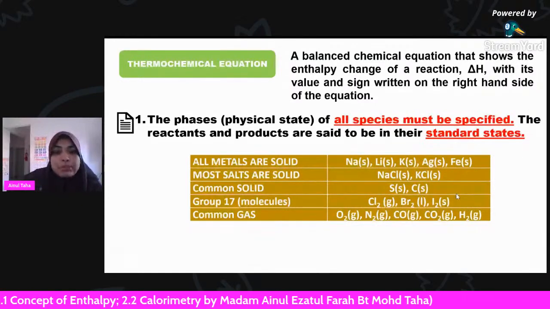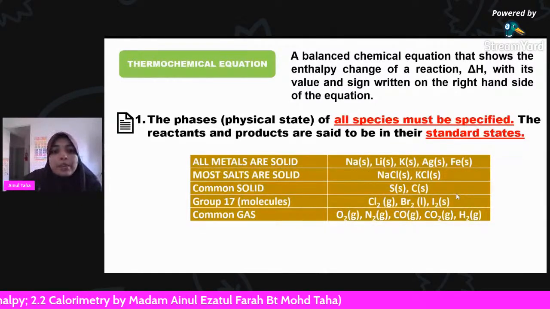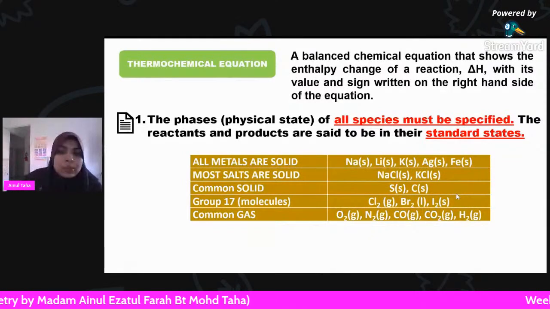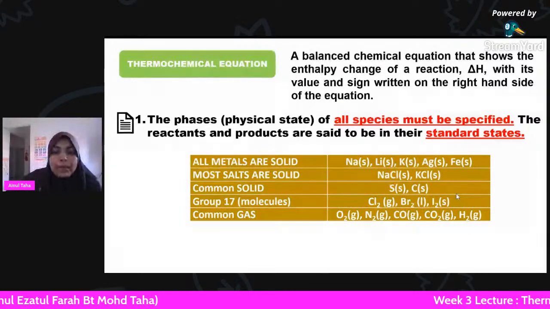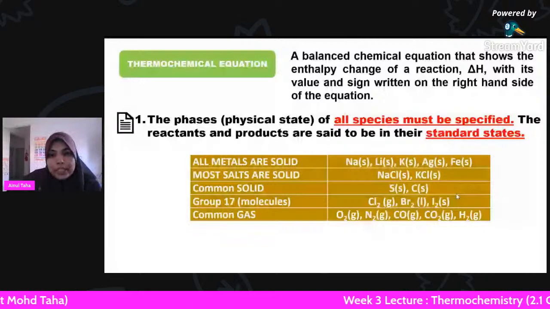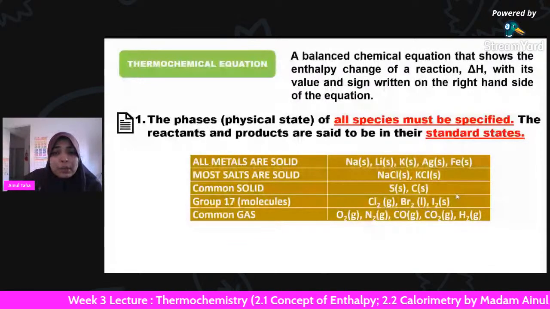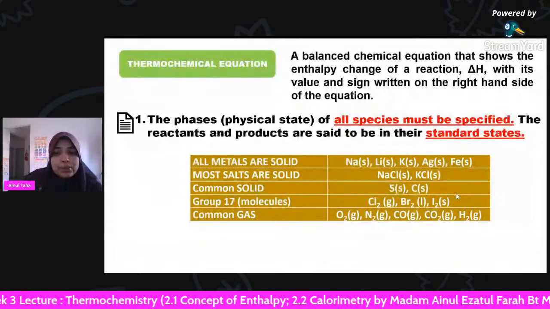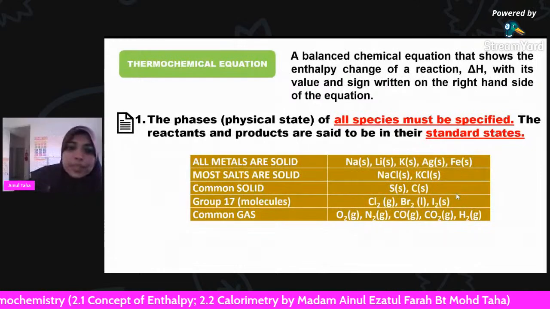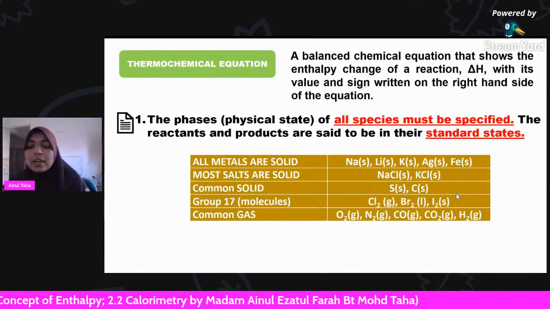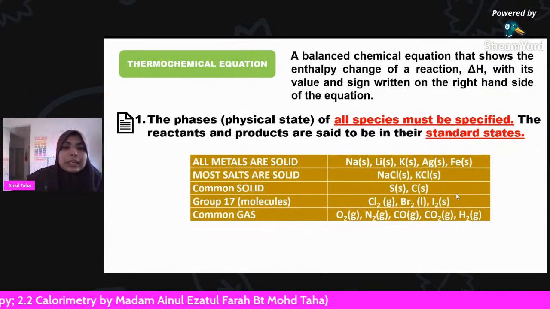And then group 17 is not all solid: chlorine is a gas, iodine only is a solid, chlorine is a gas, bromine is a liquid. Okay, this is because of the molecular weight, that's why they have different kinds of physical state.